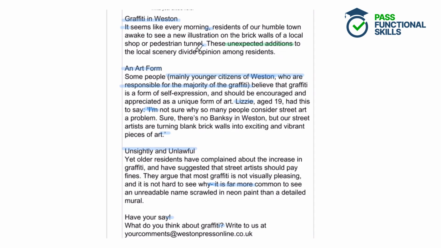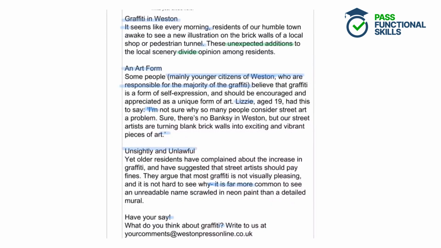And these multiple additions divide opinion among residents. Now, if we said that there was one specific piece of graffiti, an unexpected addition in the singular, then we would say divides opinion. But because we've got multiple additions, we've used divide. So we've matched up that noun to the verb based on it being a plural rather than a singular word.